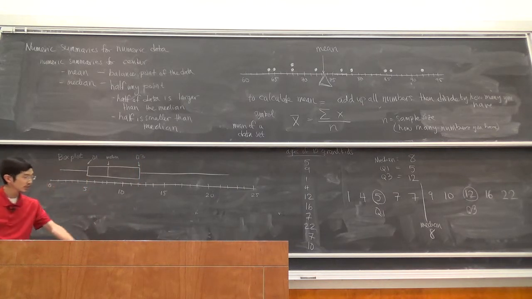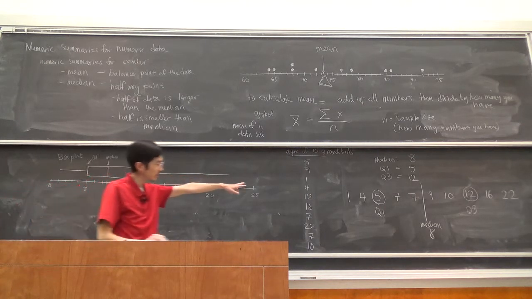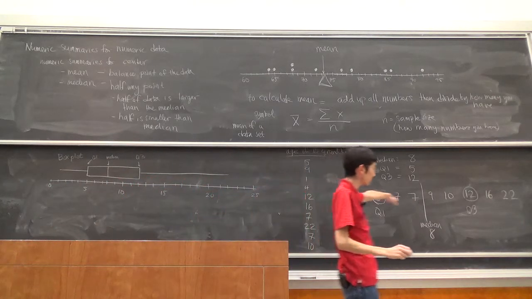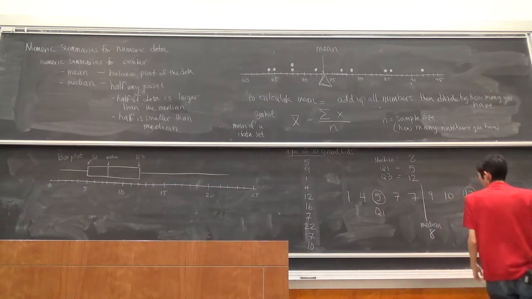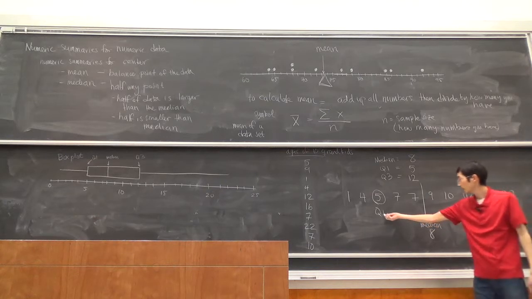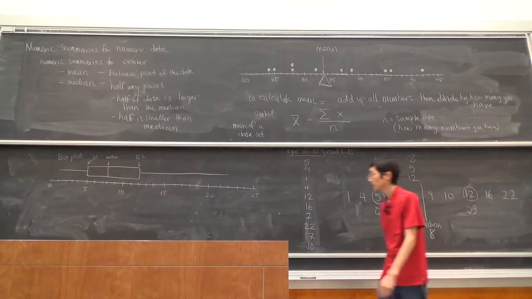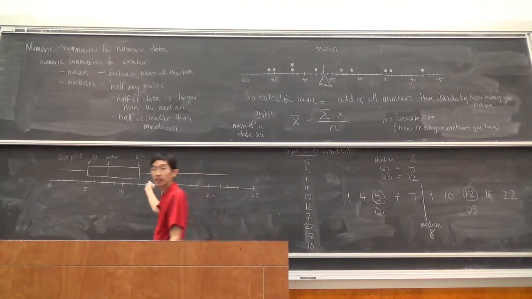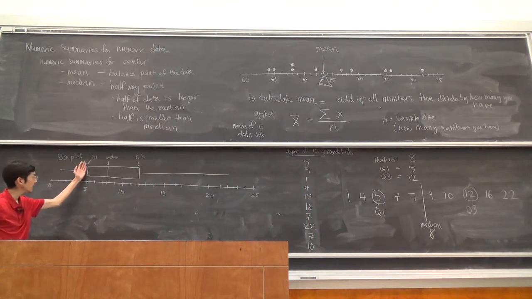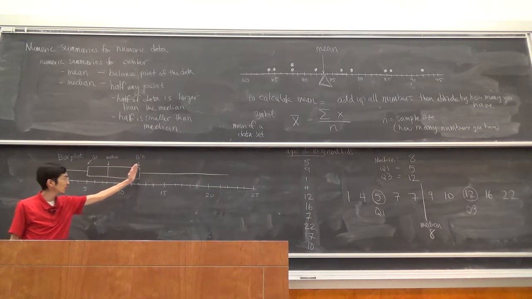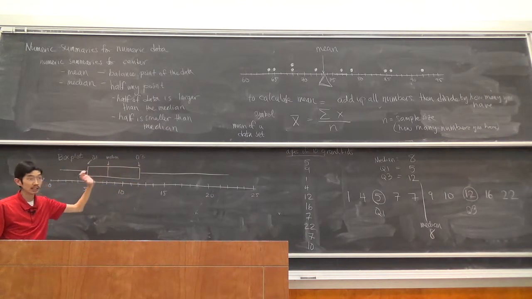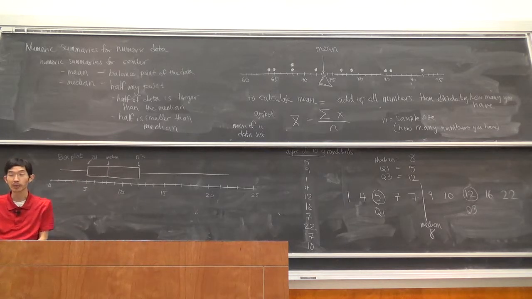Okay? So if I'm using the same data of the 10 grandkids, my Q1 is 5, my Q3 is 12, and my median is 8. And that is where I've drawn the edges of the box. Okay? I have a line at 5, a line at 12, and a line at 8. That forms the box.